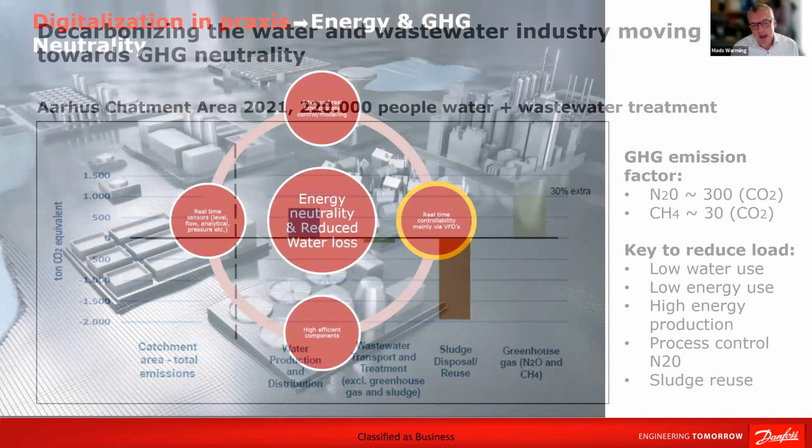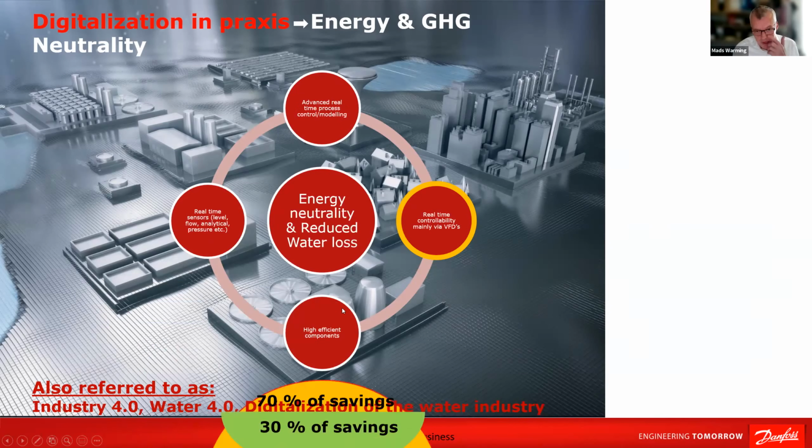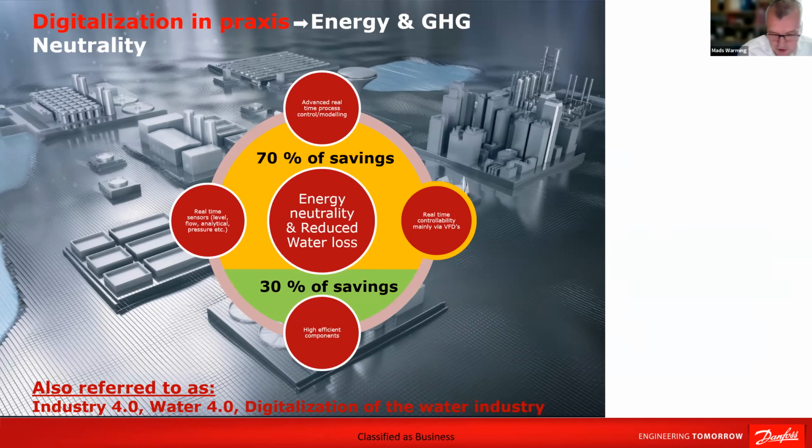So as I mentioned, a lot about real-time sensors where they trust them fully, a lot about controllability, which the variable speed drive can offer, a lot about advanced process control, and then efficient components. But what is important, not only from this case, but also from the Odense case we just heard about, and also from Copenhagen, and we have begun to have similar things in Chicago and other places, is that if you ask the process people who have been working with this what really has moved something, then it is automatization.